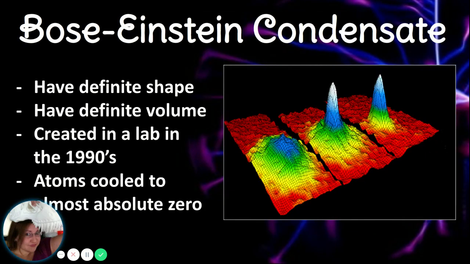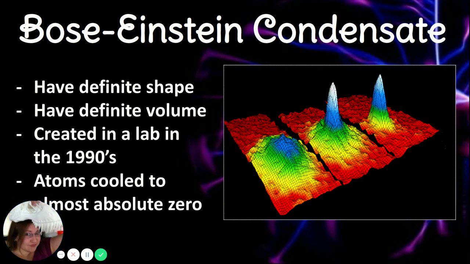And Bose-Einstein condensate. This is maybe one that you are not familiar with. This is an interesting state of matter. It's our fifth state of matter. Bose-Einstein condensates are going to be on the opposite end of plasma. So we're going back to the solids, except for a little bit further on.